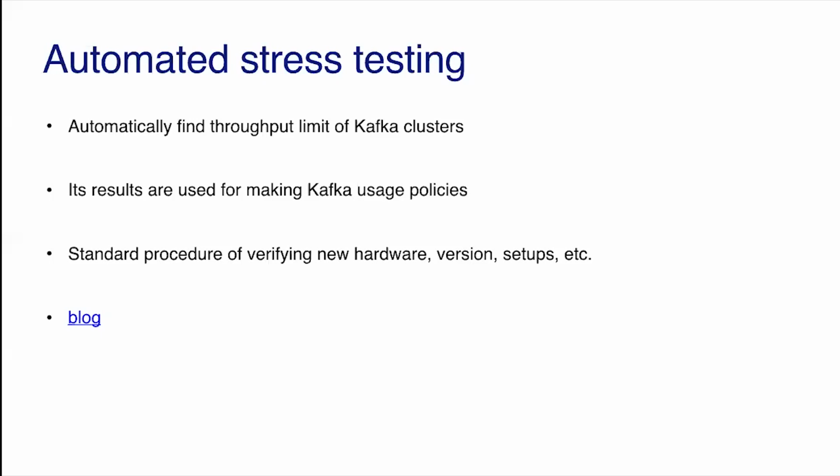First, let's start with the automated stress testing. Like Yuchi has mentioned, in order to cope with the organic traffic growth, we need to know when we need to scale up the Kafka cluster, and that in turn requires us to know the limits of the brokers inside our infrastructure.